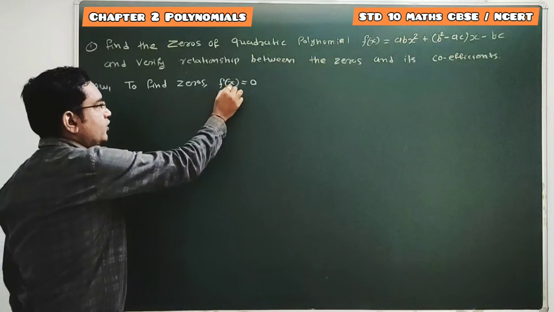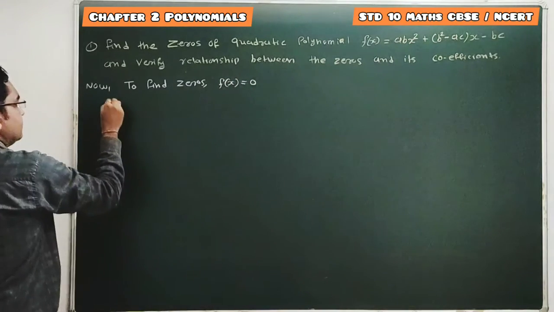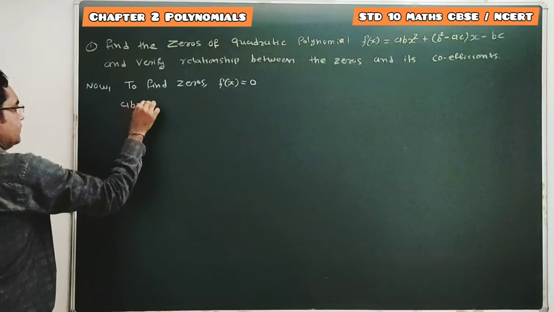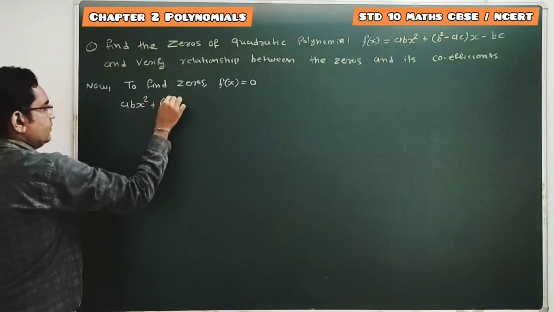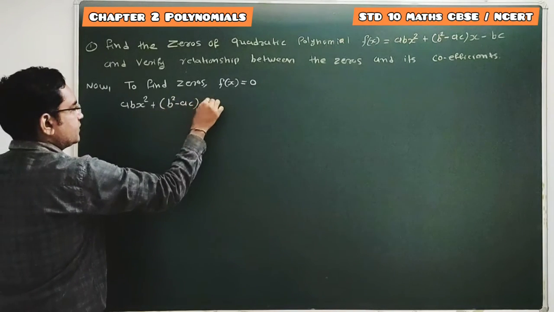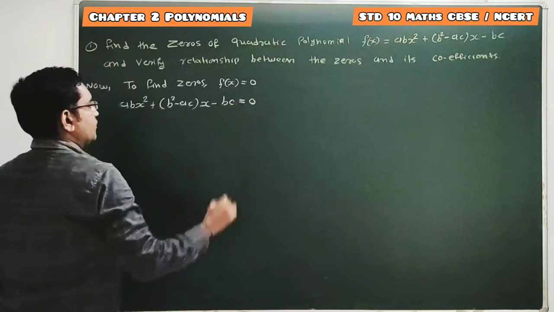Now the given polynomial is a function of x, which is abx square plus b square minus ac x minus bc equal to 0.